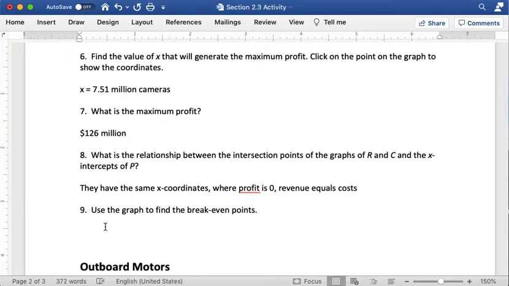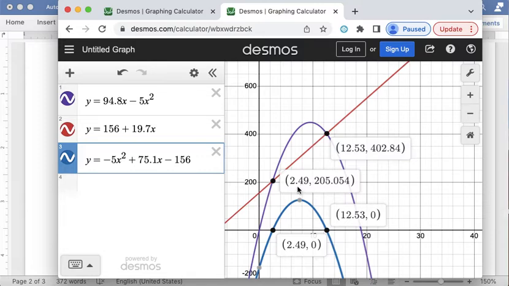And then question 9 says to use the graph to find the break-even points. So we remember break-even points means that revenue equals cost or profit equals 0. Obviously those are the same. And so the x-coordinates of those 2 points are 2.49 and 12.53. So if we make 2.49 million cameras, we break even.